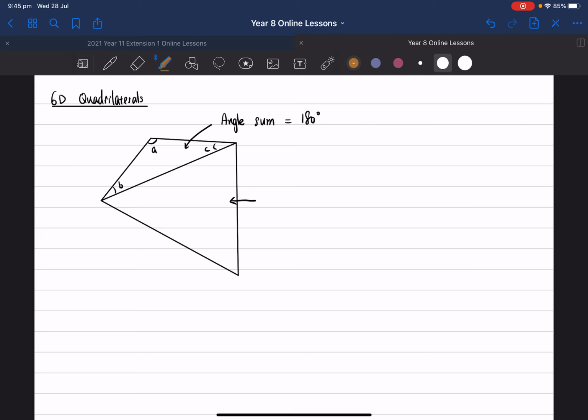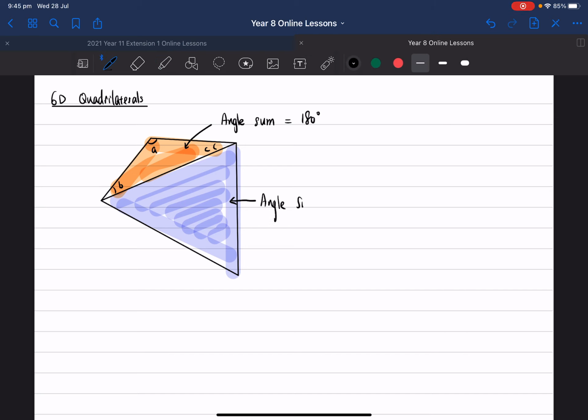So this is the first triangle I have here, and this is the second triangle. These two triangles combine together, and previously we know the angle sum of a triangle is equal to 180 degrees. So the angle sum of this triangle is also equal to 180 degrees.